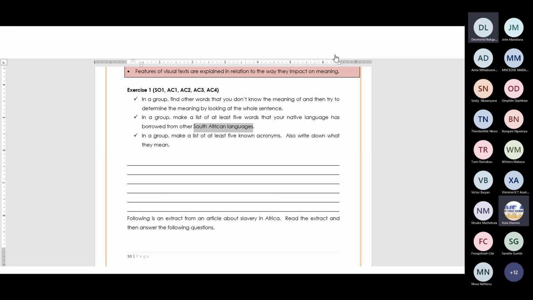All the hands being high up, I'm going to try and take all of them. So I've disagreed with Precious, Ntsako, and Tembisile, I think. Tembisile is back. Go ahead, Tembisile. Do you have another one for me? Yes, I have some. Give it to me.